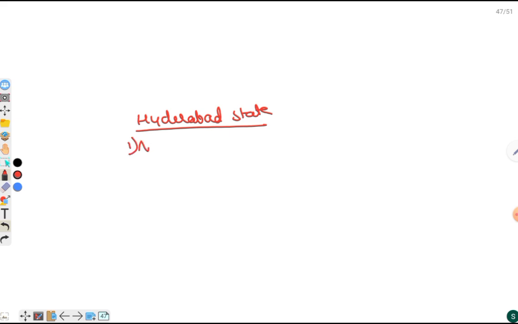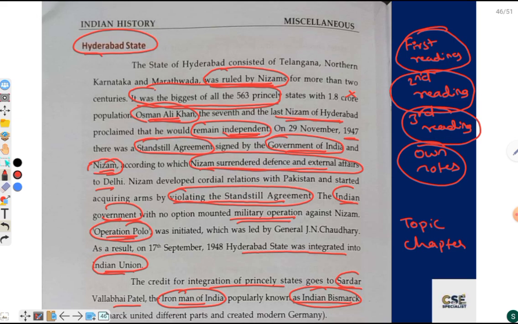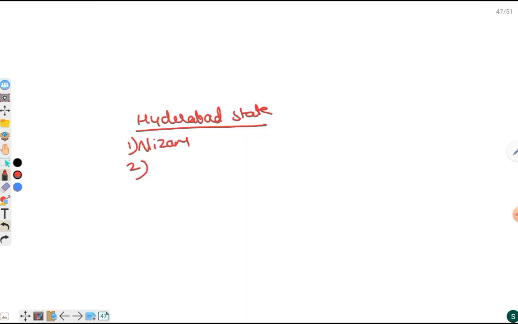First point, ruled by Nizam. Second point, biggest of 563 princely states.